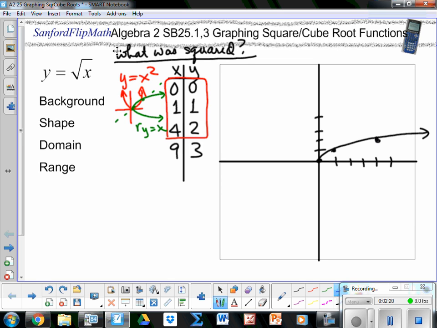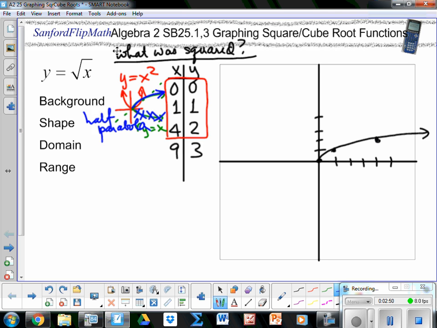At that point we discussed the fact that this is not a function, so we got rid of the bottom part and only kept the top part. So the shape of this is actually half of a parabola. It opens to the right unless we do goofiness to the function. So this is a half parabola.